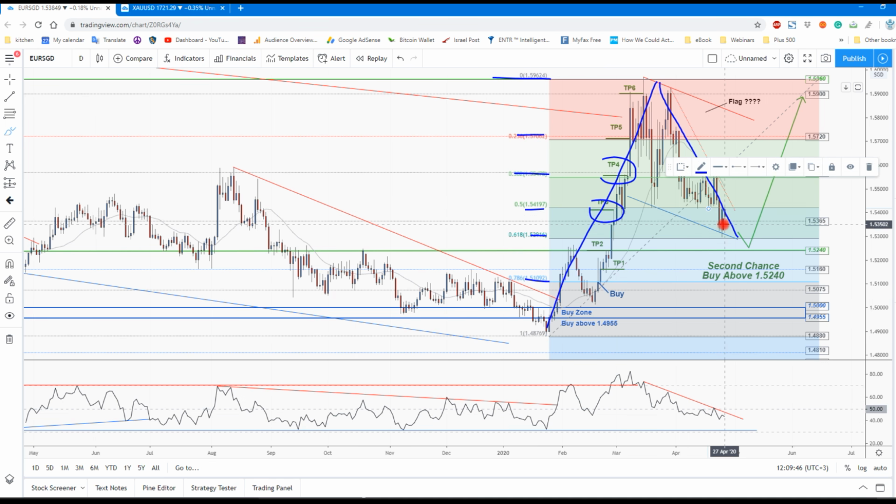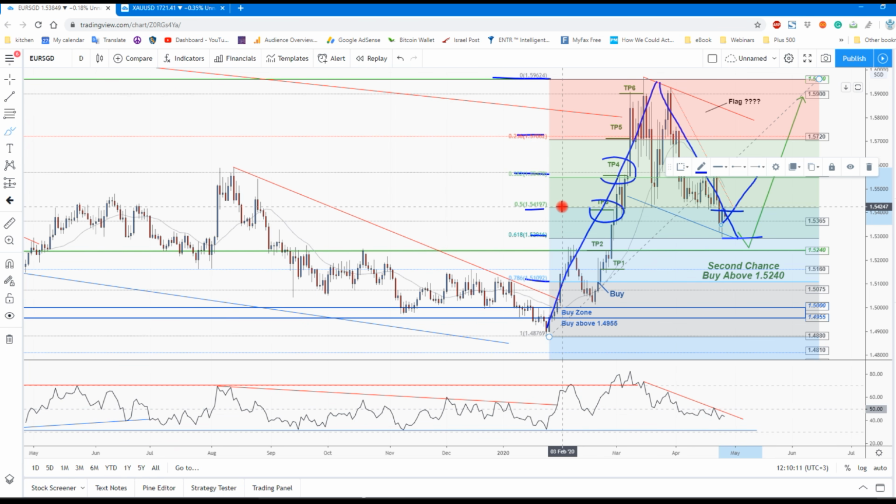When it hit the 50 level, look how well it stopped. And when it came all the way down here to the 61.8, it bounced off, and now we're expecting it to continue, not to regain its uptrend, it's making a retracement in its downtrend.